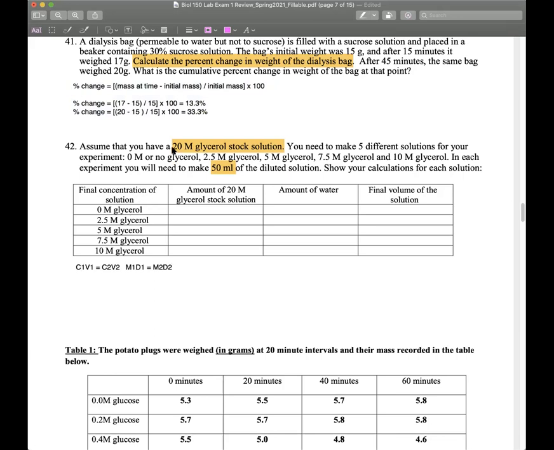So just like when we're going from a low magnification to a higher magnification, and the diameter of our field of view changes in proportion to that change in magnification, very similar here. It's like we're magnifying or diluting a solution. So we're going from a very concentrated solution to a more diluted solution.